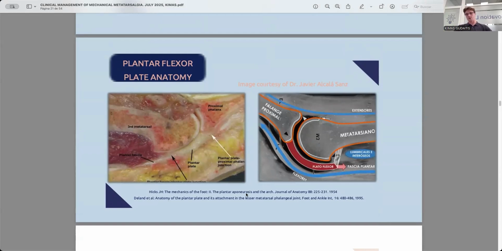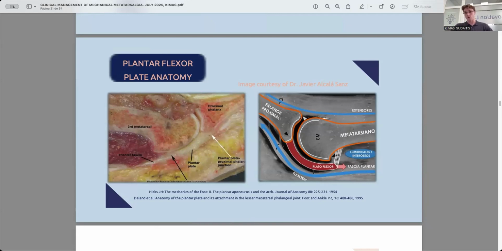If you look at this image on the left, you will see that the plantar plate is a structure about 2 to 4 millimeters thick. Because of its anatomical position, it does not only transmit tension, but it also works like a spring ligament, similar to the acetabulum pedis. Its function is to hold the metatarsal head and adapt to the plantar convexity.